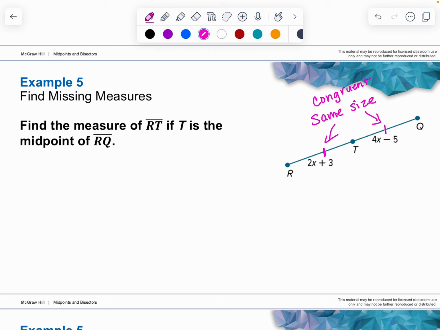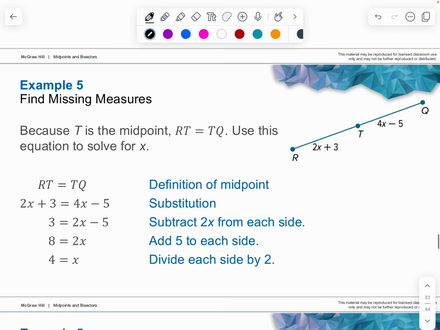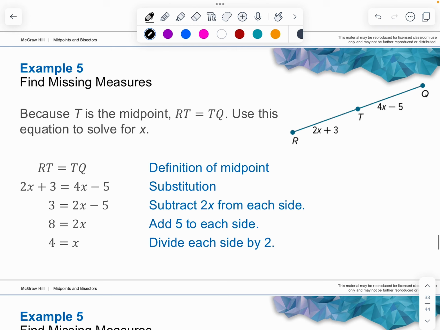That's an indicator for me. All right. Now, if those are congruent, that means I can set them equal. That means that RT is equal to TQ. That's wonderful. So what I'm going to do with that then, they're going to walk you through a proof here.